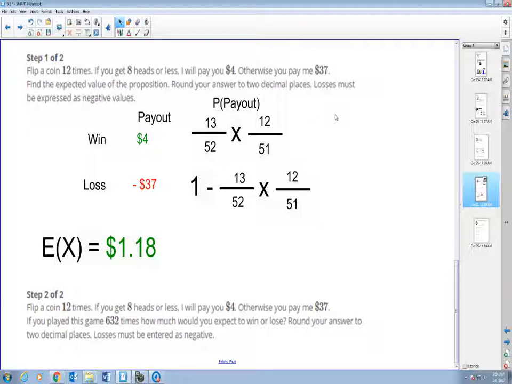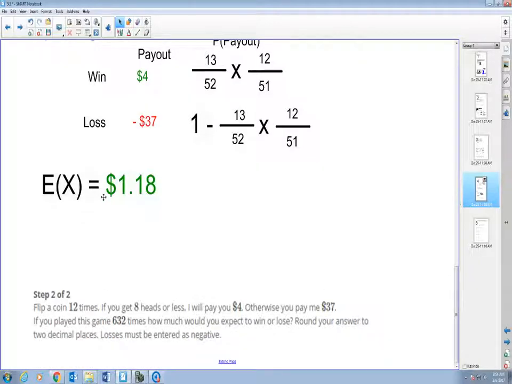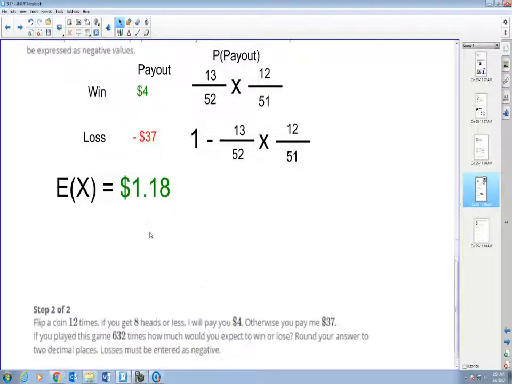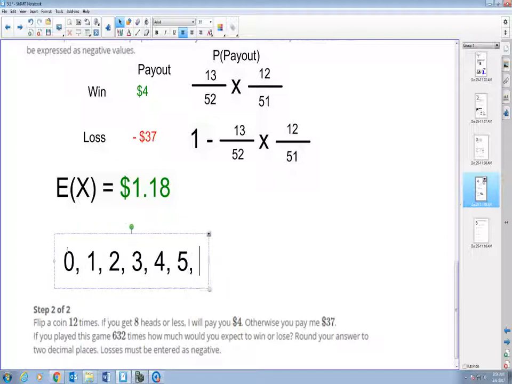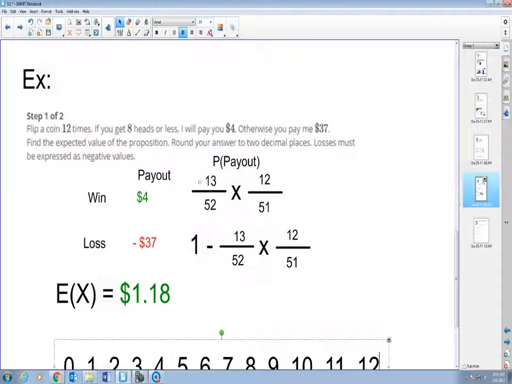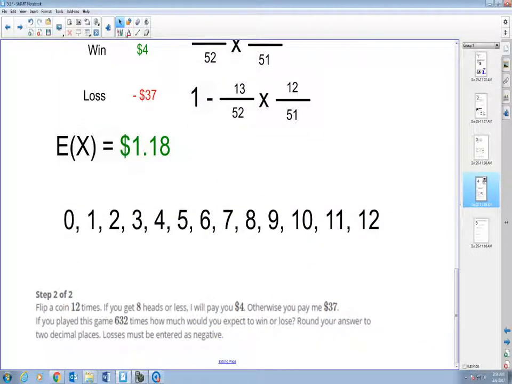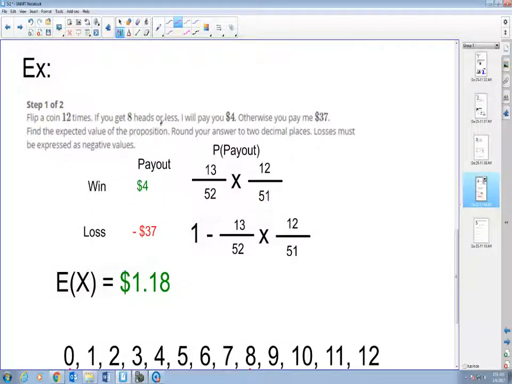Alright, so let's think about this. I think it's easier for us to figure out the loss first, because if you really think about it, when you flip a coin 12 times, you can get 0, 1, 2, 3, 4, 5, 6, 7, 8, 9, 10, 11, all the way up to 12 heads. For you to win, we have to figure out the number of ways from 0 all the way up to 8, because it says 8 heads or less.